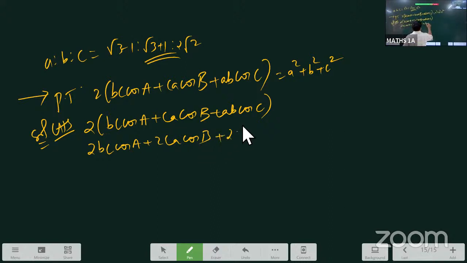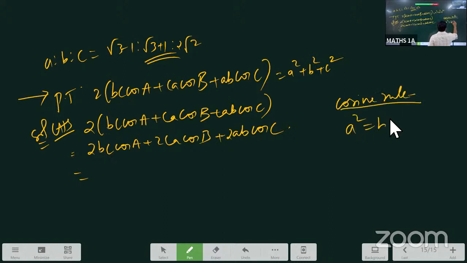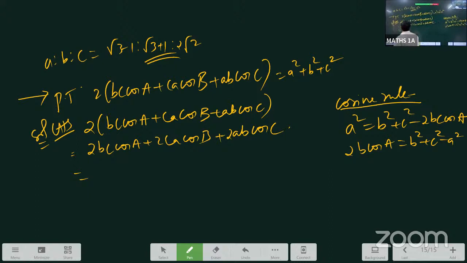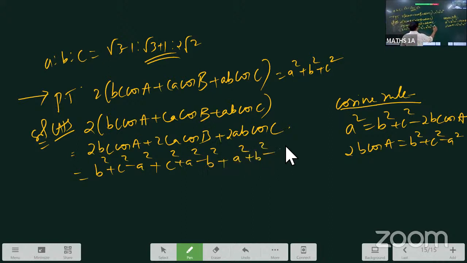And 2AB cos C. Now, according to the cosine rule, A square is B square plus C square minus 2BC cos A. So 2BC cos A is B square plus C square minus A square. 2CA cos B is C square plus A square minus B square. 2AB cos C is A square plus B square minus C square.